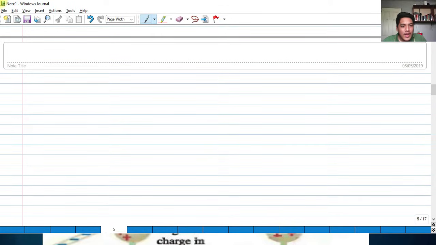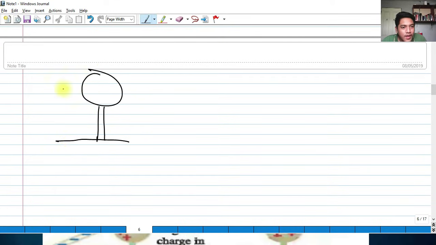So let's try. For example, I have here this metal ball, and this is now my positively charged rod. I brought it close to the metal ball.